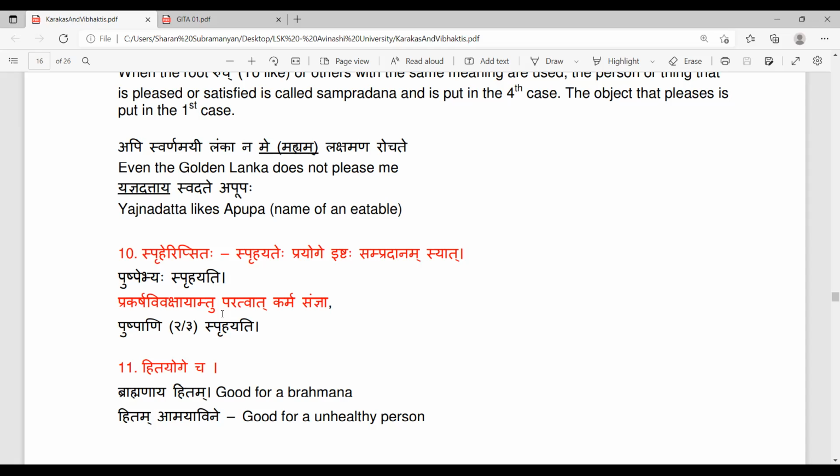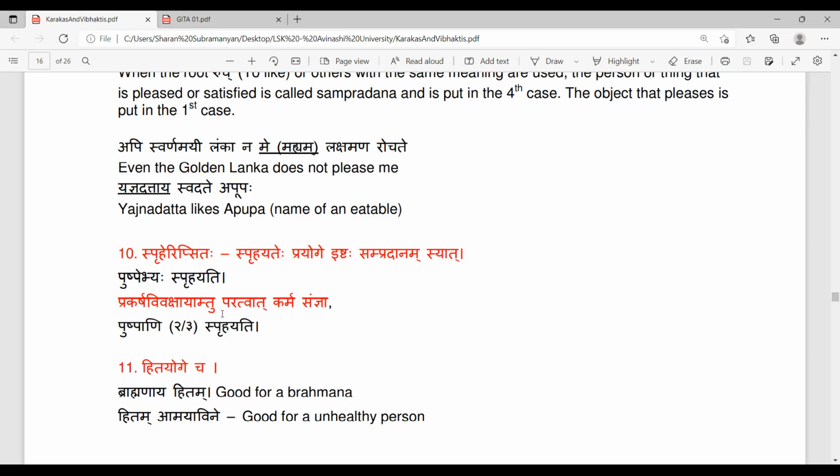Pushpani sprihayati is stronger, because when the vivaksha is prakarsha, the emphasis is more. If pushpani is what you want to make a karma because he likes the flowers, paratvat, it can take karma sanjna also.